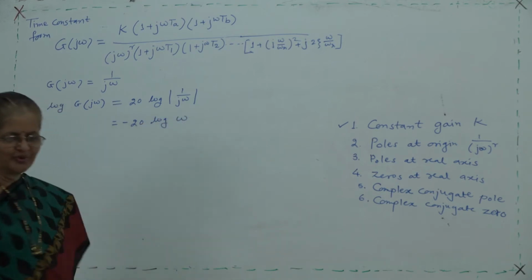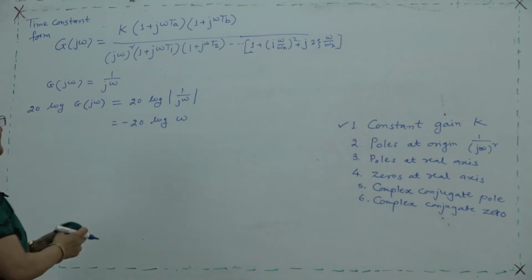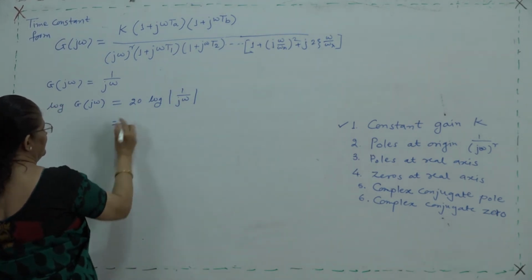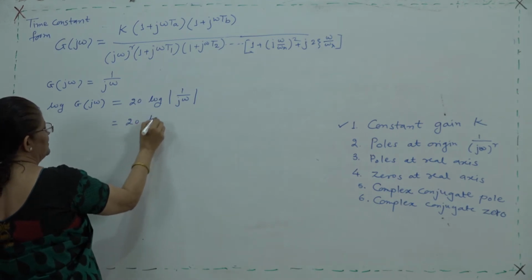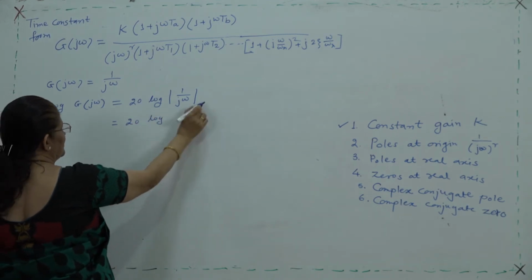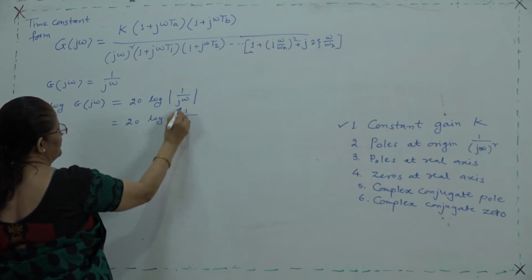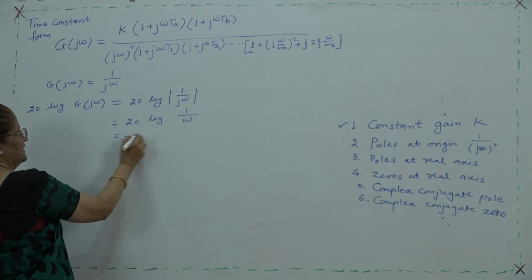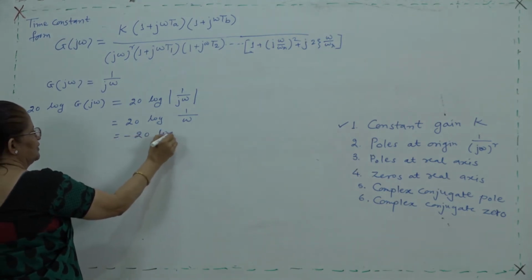If you want one more step, you can represent it here: 20 log of magnitude of 1 plus j omega is 1 upon omega. And so, you will get here minus 20 log of omega.